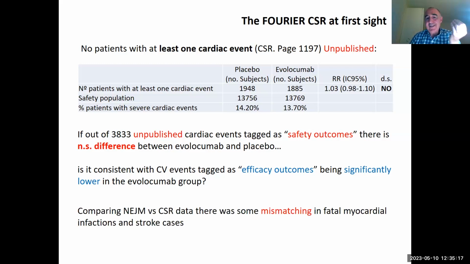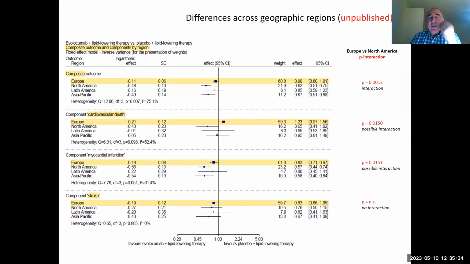We could also see that there was some mismatching between the numbers of fatal myocardial infarction and stroke cases in the New England Journal versus the clinical study report. In the clinical study report, you can see very interesting information, that is the results across different regions.